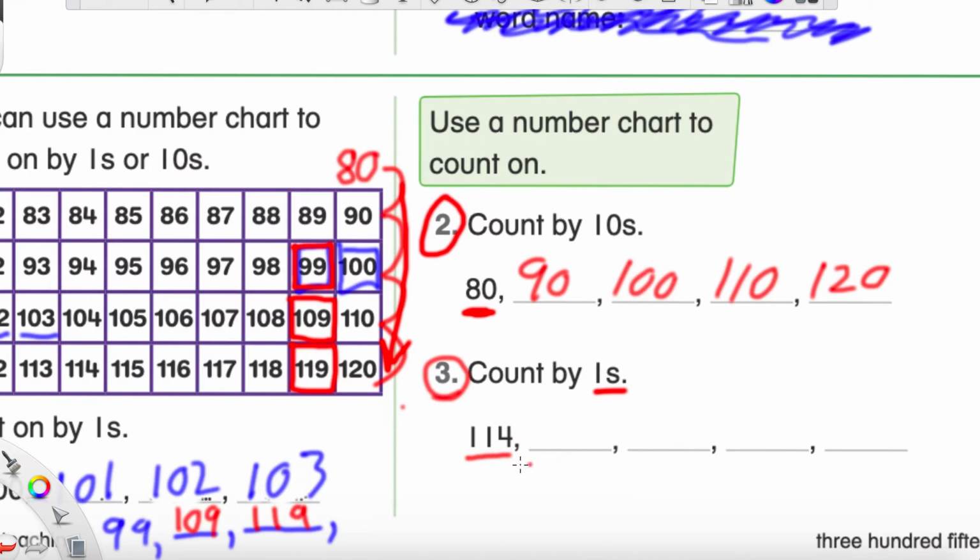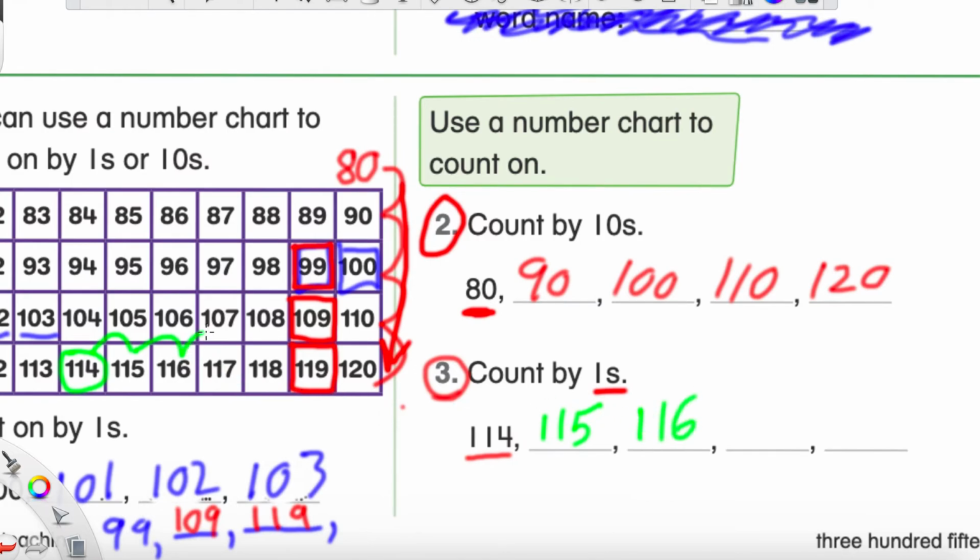So the first thing we do, we look at the number that we start with, right? 114. I'm going to pick a different color here so it stands out. And I'm just going to circle it. 114 is our start number. And then when we count on by ones, we just hop over 1. Our next number is 115. Then our next number over is 116.